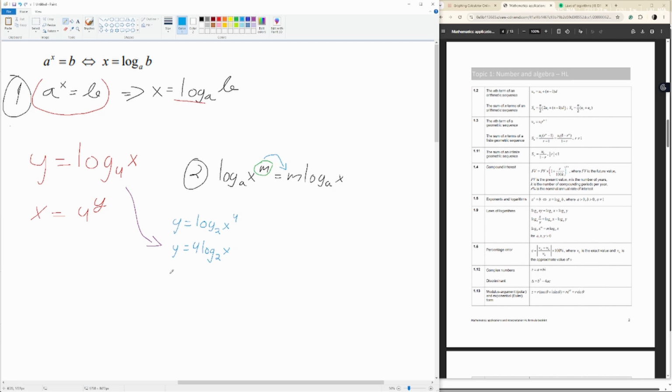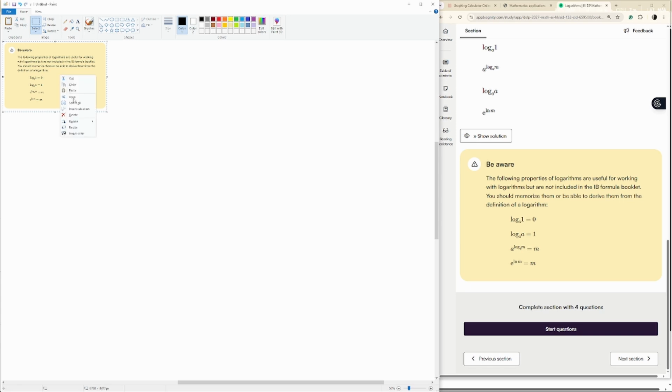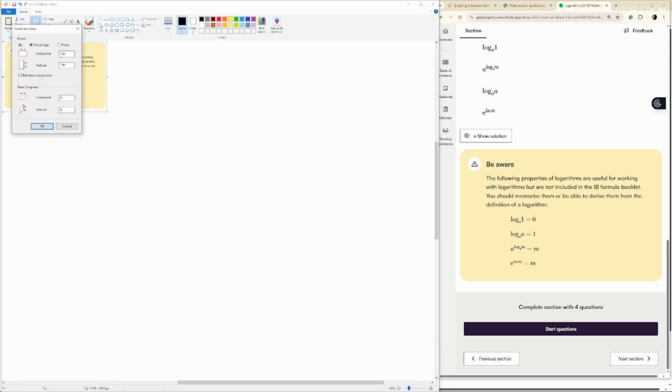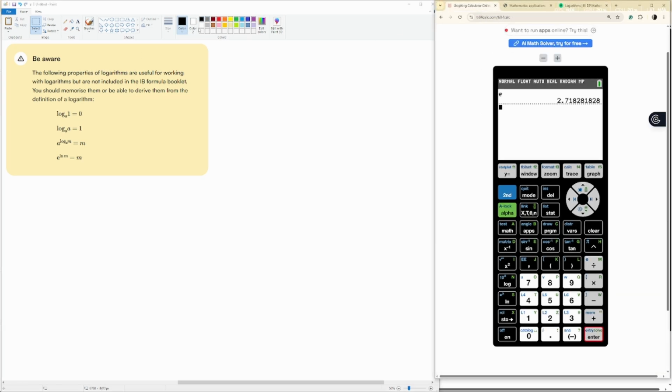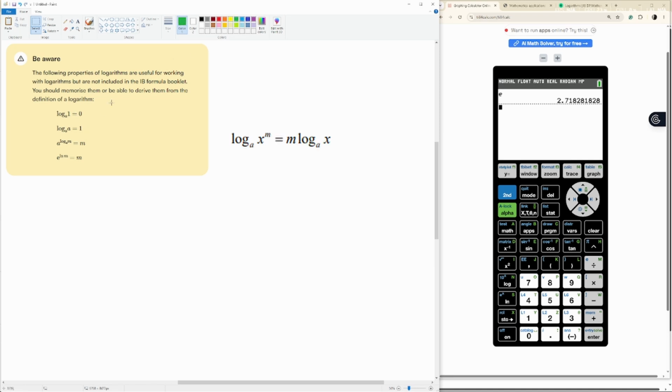There are still some formulas that aren't given in your formula booklet, and I want you to remember them as well, because in exams you really don't have time to start figuring all of this out. The first one is quite easy. When you have log of 1, it's always equal to 0.